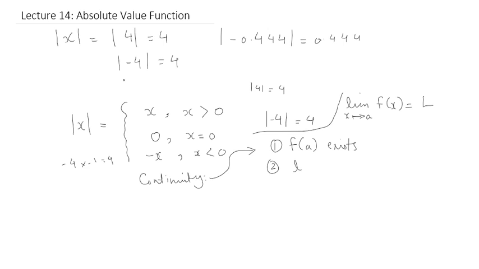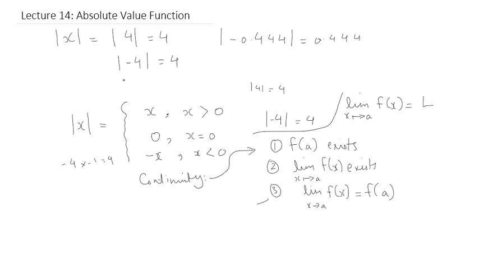F of a exists, and then we know that limit as x approaches a for f of x exists as well. And the third condition says that limit as x approaches a for f of x has to be equal to the function value f of a in this case.